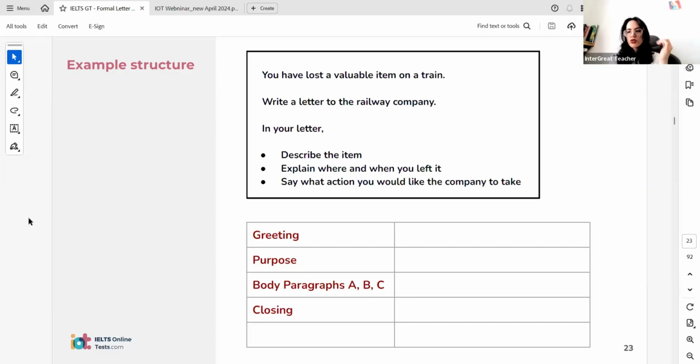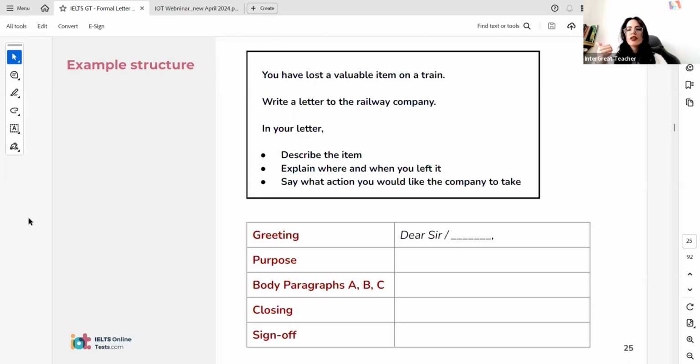And then I need to close, right? Like signal that this is the end of my letter. And then I need to sign off, which means say bye-bye, right? But how? Help me complete the greeting. And guys, remember, today we're focusing on formal letters, okay? So that's what I'm going to give you here.